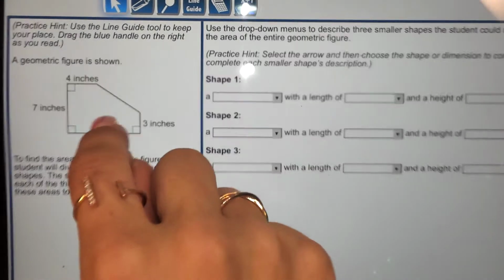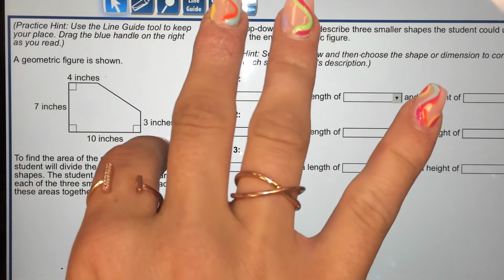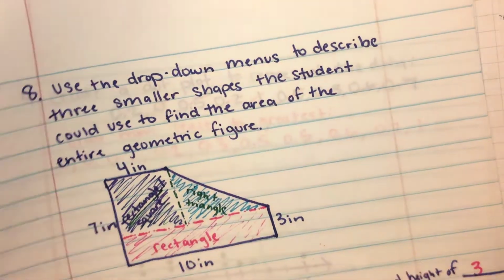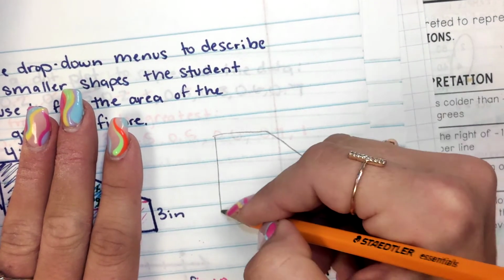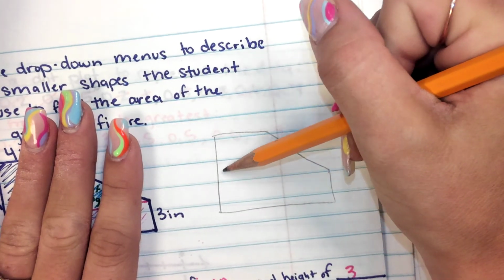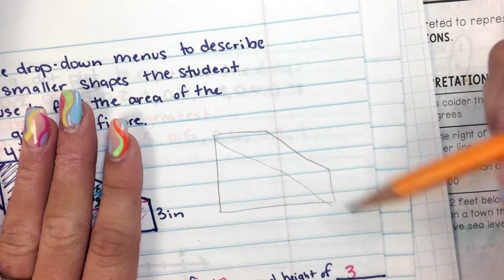You have to divide this into 3 shapes. Yes, you can divide this into 3 shapes, but it needs to be shapes you would know how to find the area of. Don't divide it into another shape that you don't know how to find the area of. I had people writing this shape out like this, and they're like, I see a triangle there and then a trapezoid here.